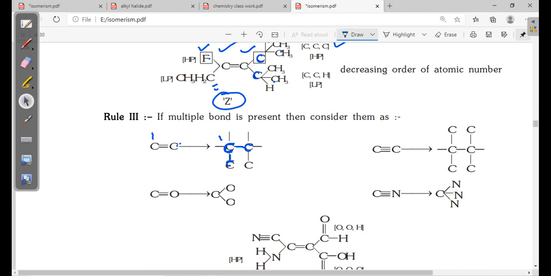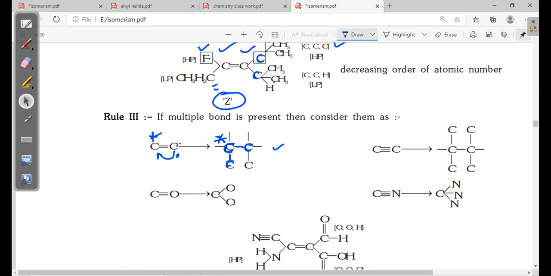So while giving the preference, we have to consider that this first carbon, or star carbon, is connected to different carbons. As well, this carbon is connected with one more carbon, and this one is connected with one more carbon. This is the preference.